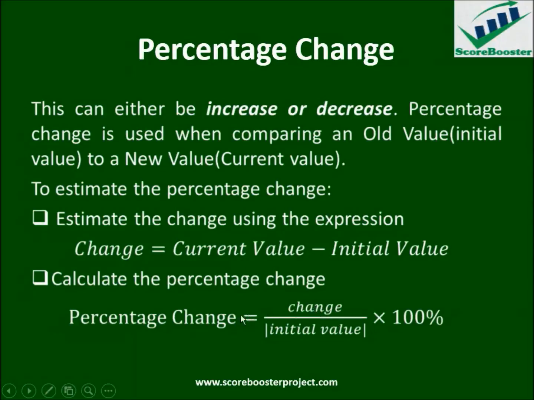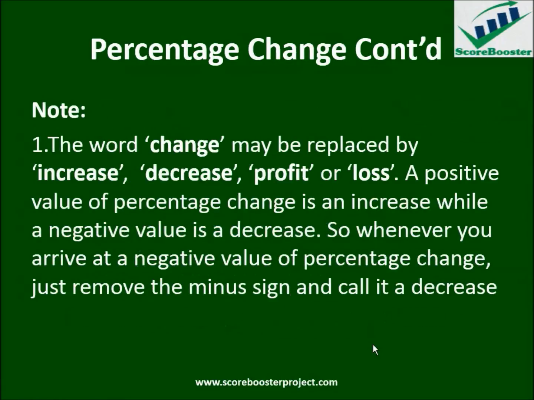As a result, the percentage change will be negative, which shows that it's a percentage decrease. So to put your answer, you simply remove the minus sign and signify that it's a decrease once you have a negative value of a percentage change.